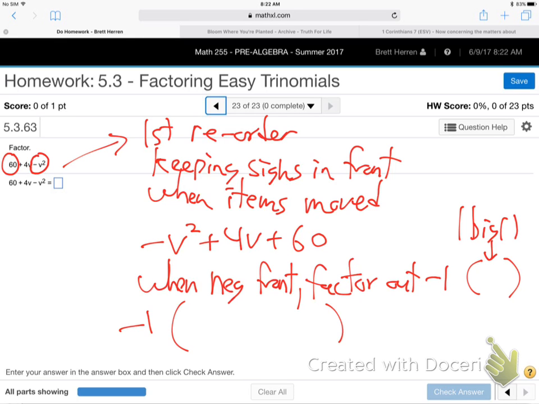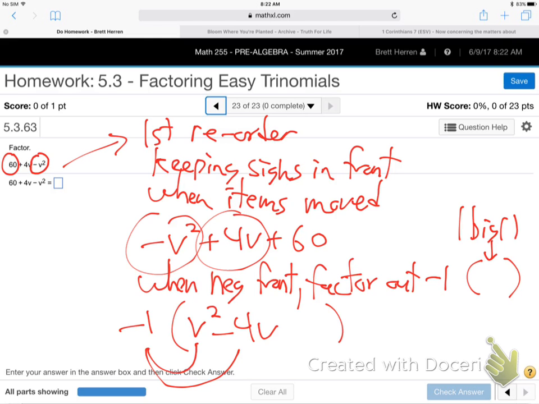So what works? Minus 1 times what will be minus v squared? Plain old v squared. And minus 1 times what will make plus 4v? Negative 4. Negative times negative is positive 4v, right? Good.